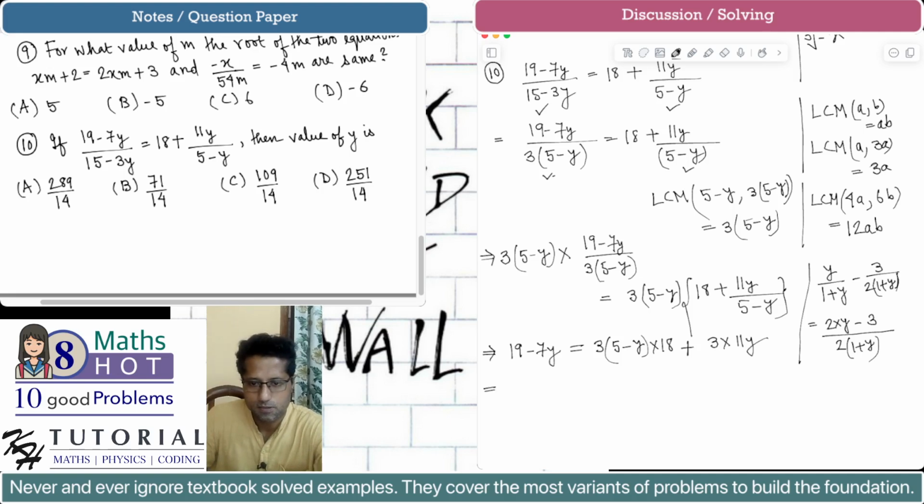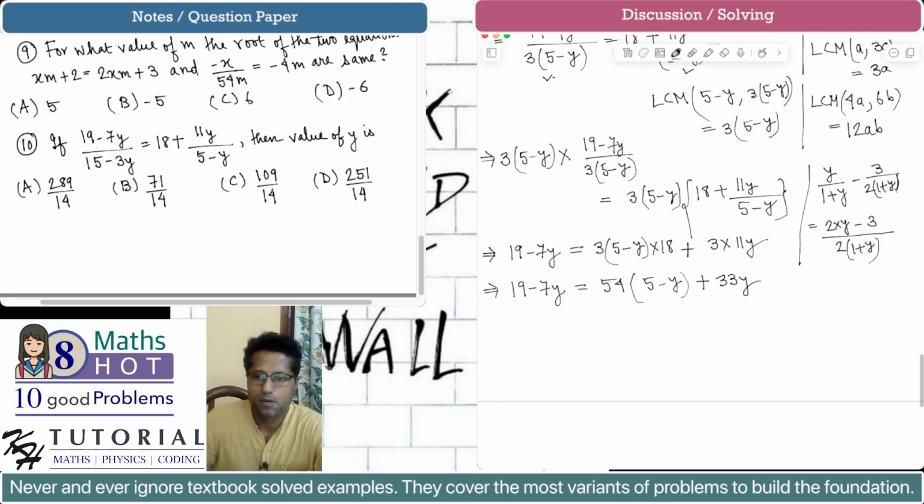So this implies, if you do further simplification of the RHS, it becomes 18 into 3 is 54, 54 multiplied by 5 minus y, plus 3 into 11 is 33, so 33y. Okay.